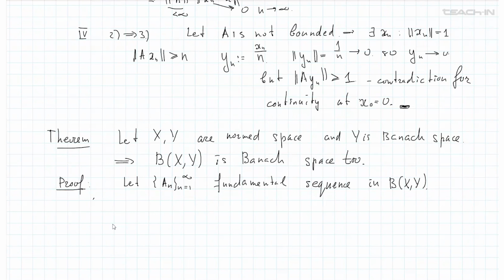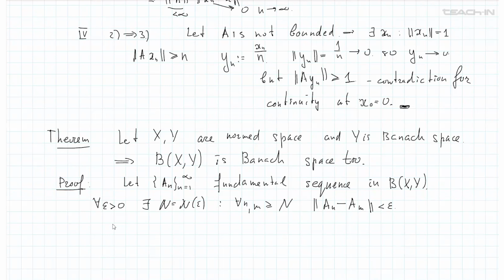So by definition, for any positive epsilon, there exists a number N depending on epsilon, such that for any n, m sufficiently large, we have the inequality.